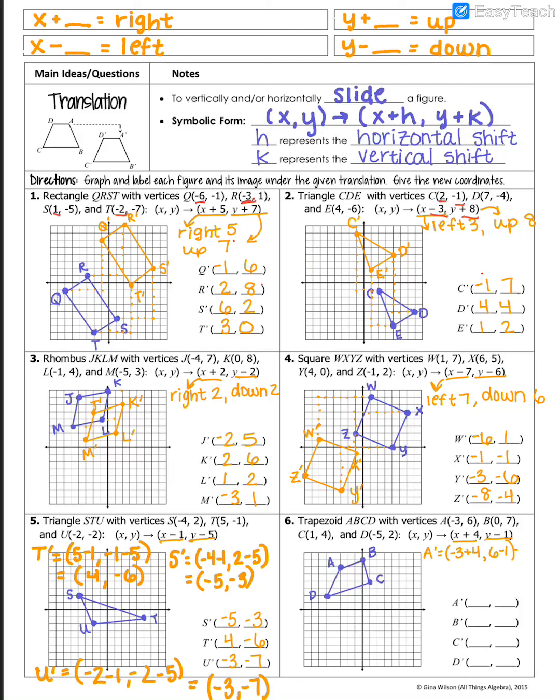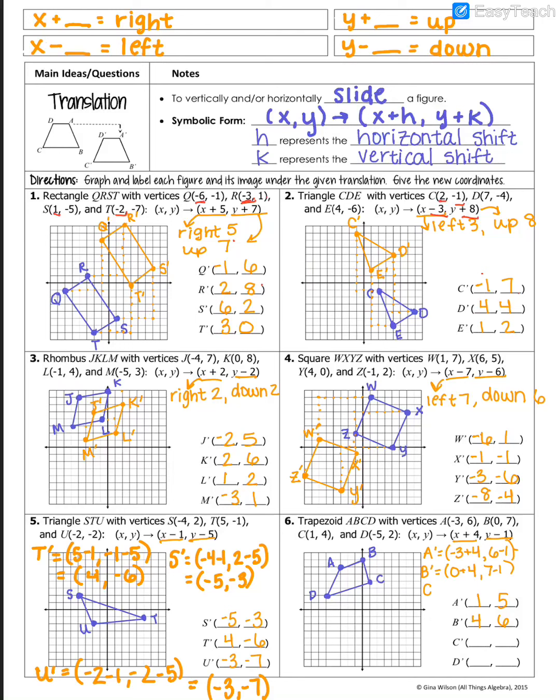So negative 3 plus 4 is going to give me a positive 1. 6 minus 1 gives me 5. B prime, same deal, is going to be 0 plus 4, and then 7 minus 1. So 0 plus 4 gives me 4, 7 minus 1 gives me 6.